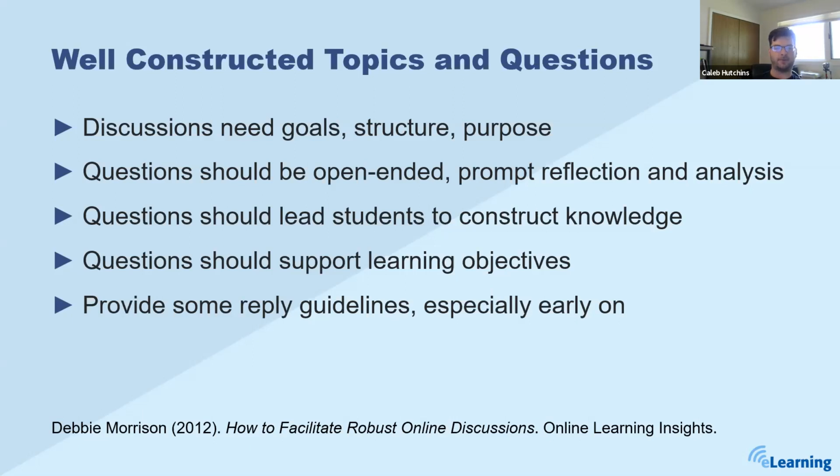I also sometimes find it helpful to provide some guidelines for those replies, especially early in the class. So often what I'll do is in the first 2 or 3, maybe 4 discussion posts, I'm going to have a question or a prompt for your initial post. And then for your replies, I'm going to have some specific suggestions.